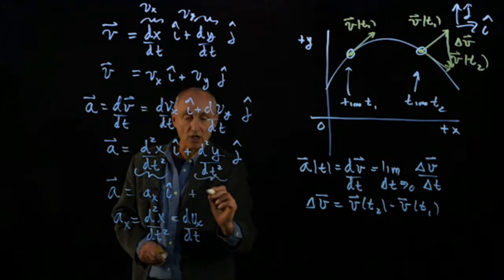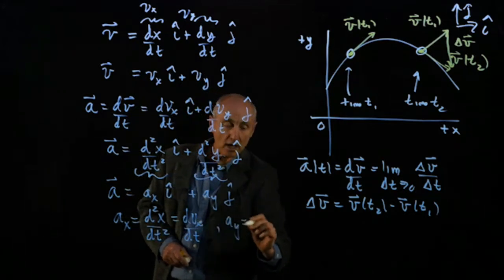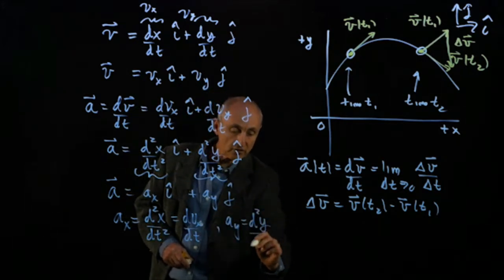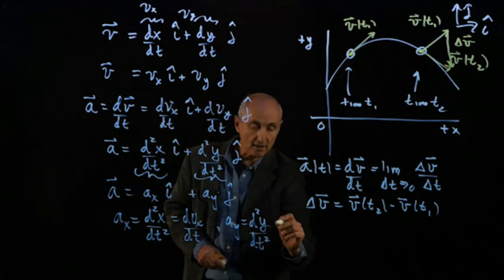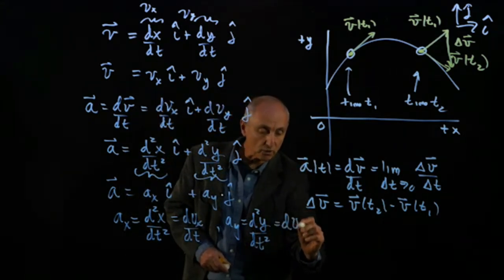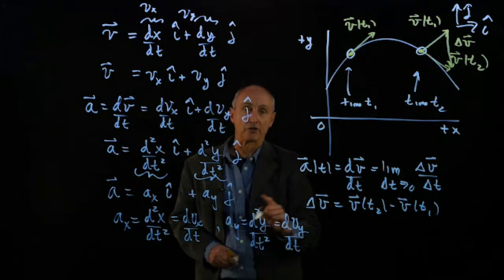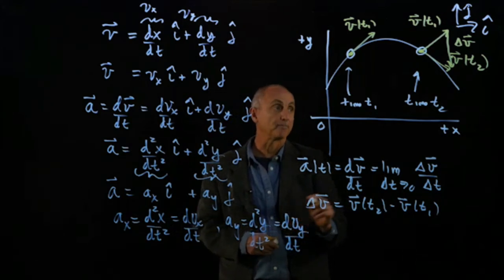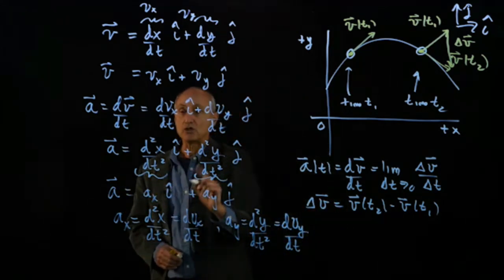And likewise, the y component of the acceleration, ay, is the second derivative of the component function for position. And that's also equal, by definition, to the first derivative of the component of the velocity vector. And that's how we describe the acceleration.